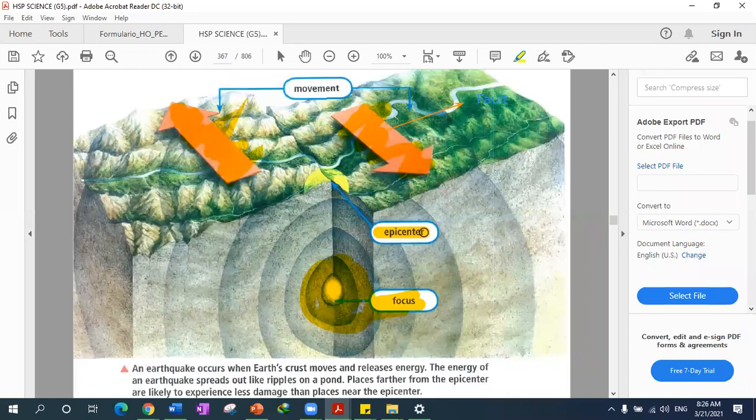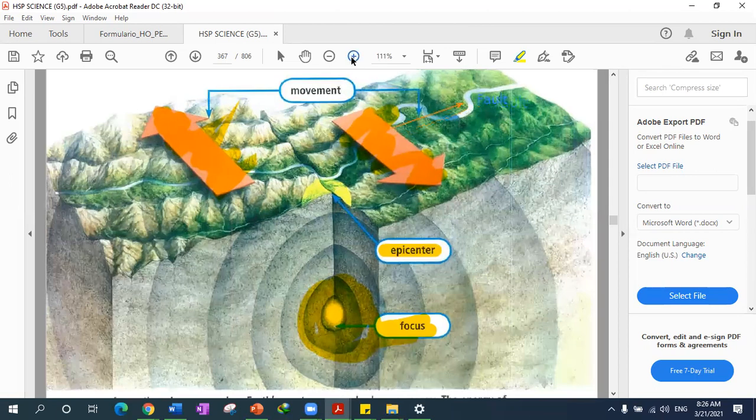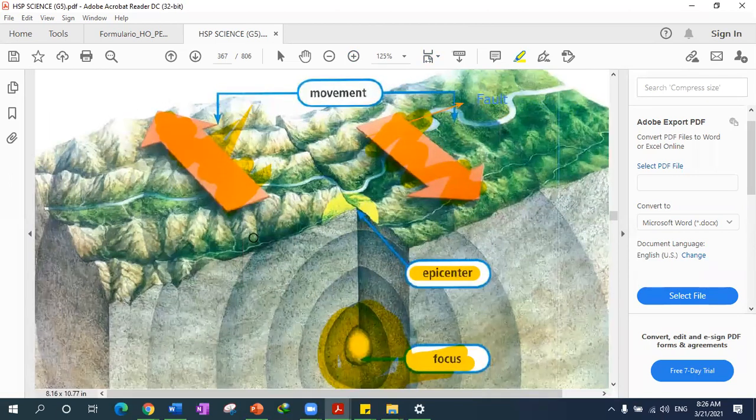It's where it is most destroyed, and it gets most of the destruction and most of the earthquake, as we said. The crack in the middle is what we call a fault.